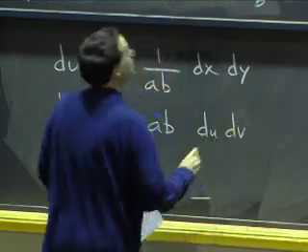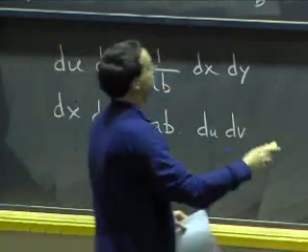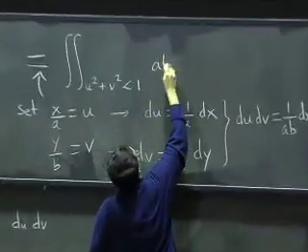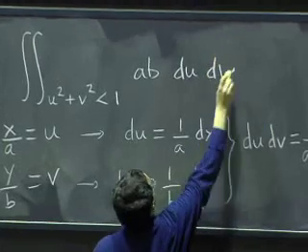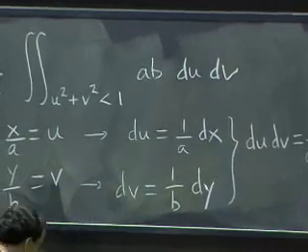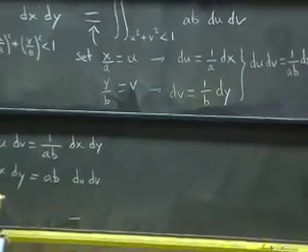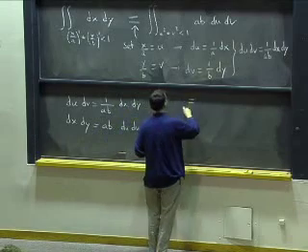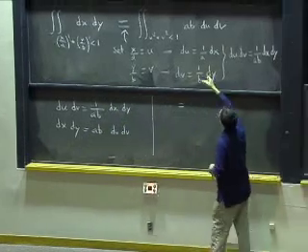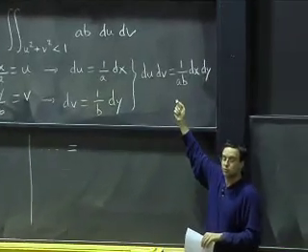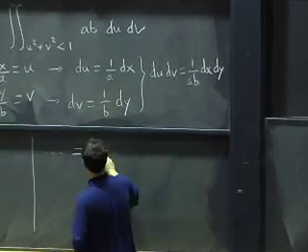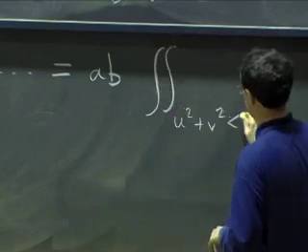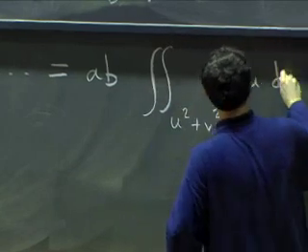So in my double integral, I'm going to write ab du dv. Now my double integral becomes the double integral of a constant in terms of u and v, so I can take the constant out. I will get ab times the double integral over u squared plus v squared less than 1 of du dv.